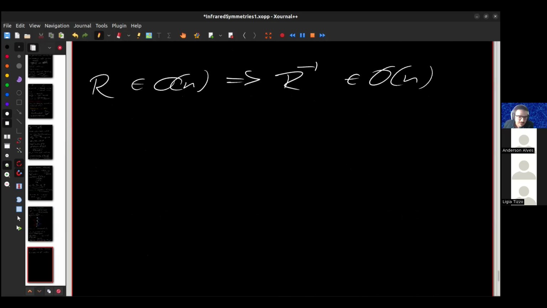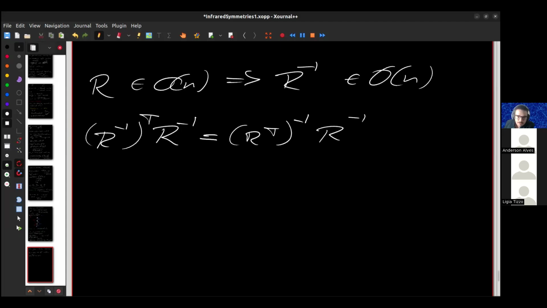And for the inverse, what you have here is this expression, and the transpose of the inverse is the inverse of the transpose. So I can write it in this manner, and then activate the inverse and reverse the order of the product. So I get this expression.